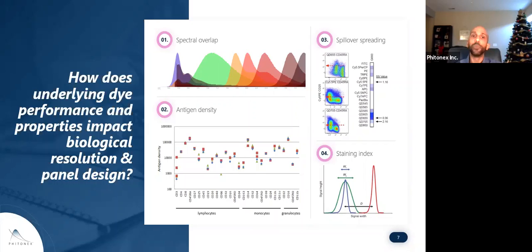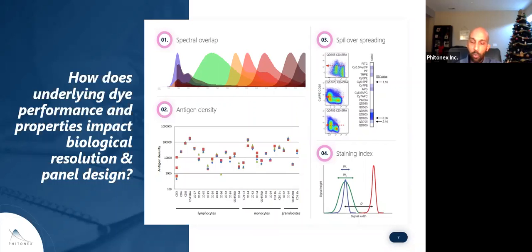But of course, that's almost never possible, so in order to account for that spectral overlap, we perform compensation. The second thing we have to think about is antigen density. With antigen density, the goal is to match the brightest fluors to the dimmest antigens and vice versa. And our third aspect is spillover spreading.